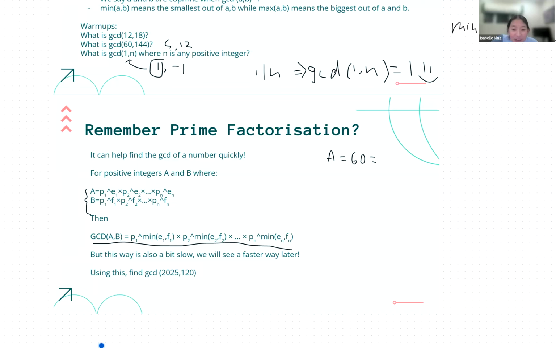So yeah, the prime factorization of 60 is just 2 squared times 3 times 5. And then does anyone have the prime factorization of 144?